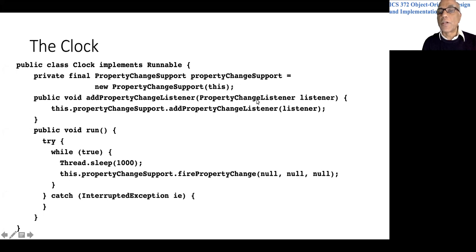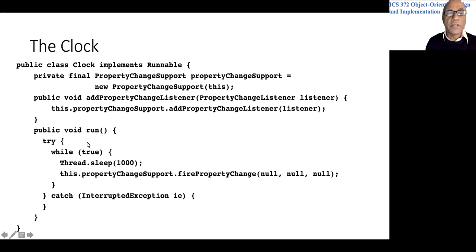So the listeners are implementing the property change listener interface in Java Beans, and this makes them uniform. No matter what their actual types are, they are all property change listeners, and we add this listener to the property change support using this method.